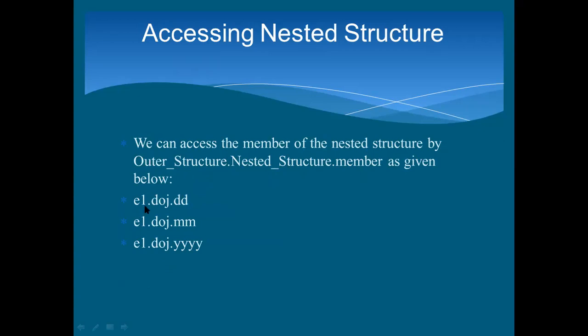So here I take E1 as an employee variable, dot DOJ is the inner structure variable, dot DD is a member of DOJ.